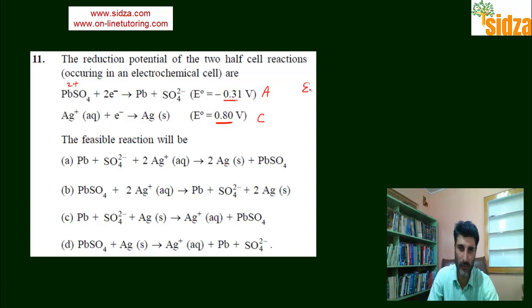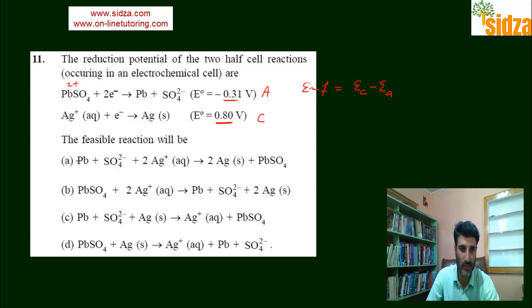And we know that you can have a positive EMF and a cell current only when the cathode has a higher reduction potential than the anode. So the silver ion will gain an electron to form metallic silver, while metallic lead will change into lead 2+ ion.